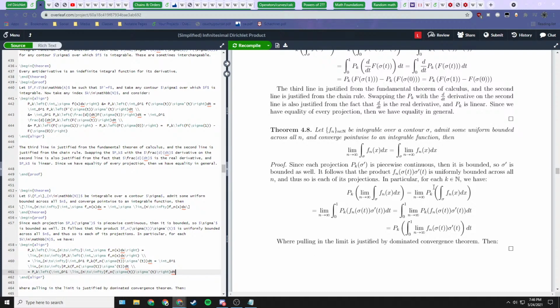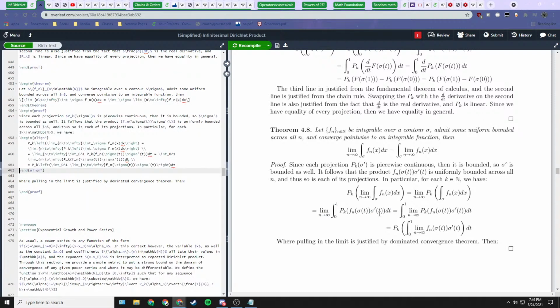So for each k we have this projection of this limit, which is this limit of this integral, so we do this substitution rule. We pull in the limit by dominated convergence, and then we just pull out the projection again, and that is it. And actually, let's pull this equality onto that first line, and put this one onto the second.